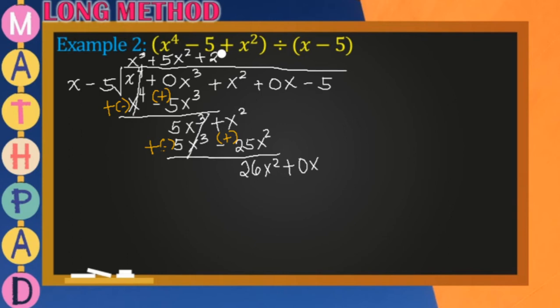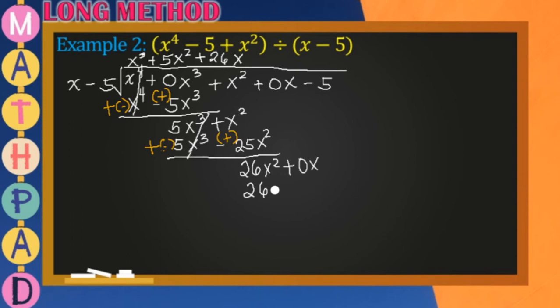Then 26x times x, that's 26x squared. Okay? Then 26x times negative 5, that's negative 130x.